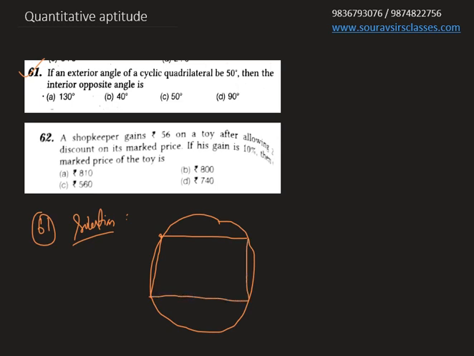Suppose the name of the quadrilateral is ABCD, and the exterior angle is 50 degree. Now we need to find the interior opposite angle, that means angle ABC.